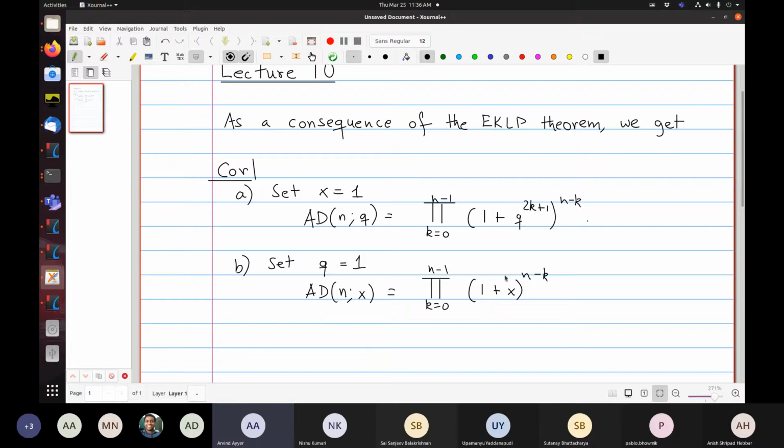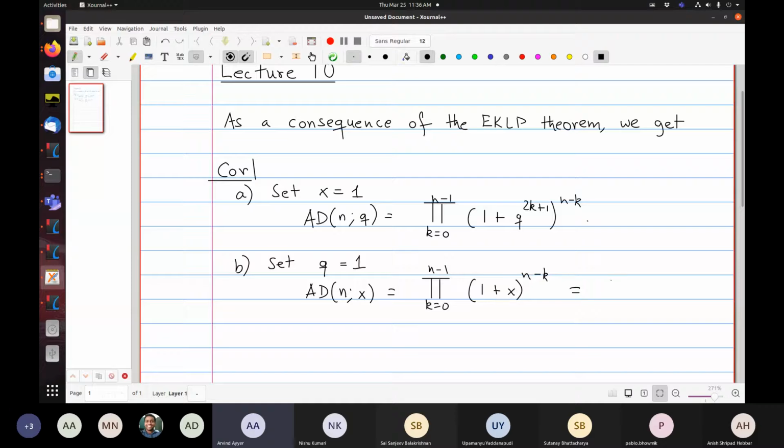So now the factor that you are taking does not depend on k, so I can expand, I can multiply all this out. When k is 0, I get power n, then n minus 1, and so on, all the way up to 1.